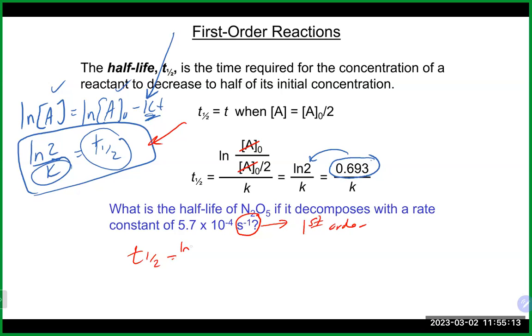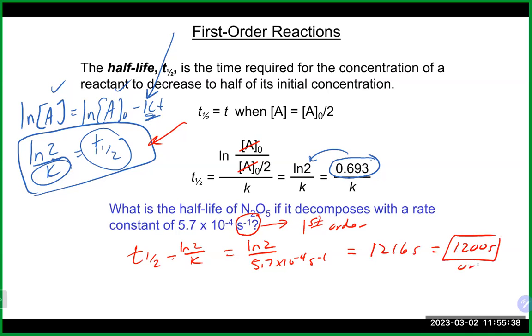That is the natural log of 2 divided by K, which means in this case, it's going to be the natural log of 2 divided by 5.7 times 10 to the minus 4 reciprocal seconds. And that will get you about 1216 seconds, or about 1200 seconds, or about 20 minutes, basically, right?